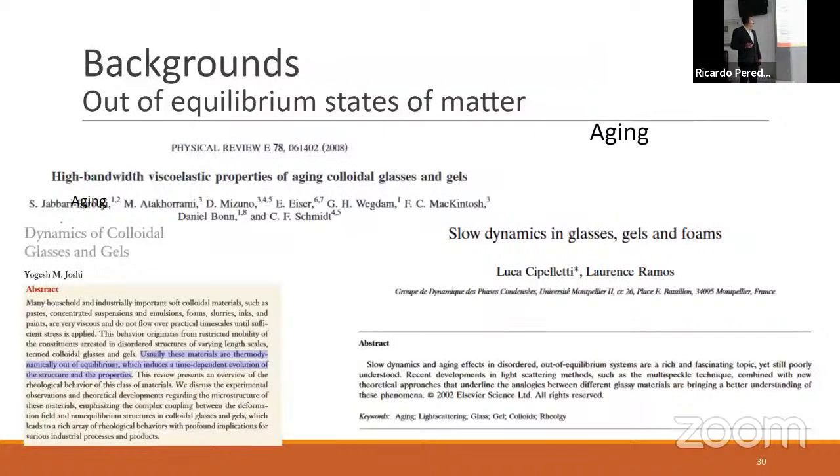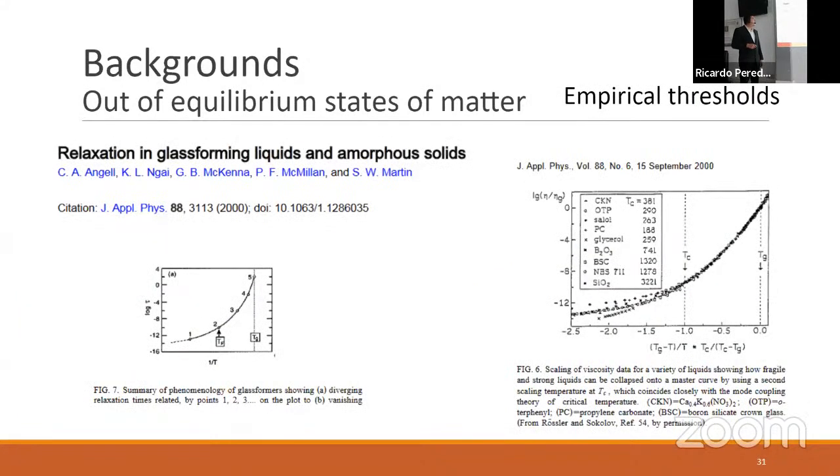There are many references of such aging along experimental reports, but another important fingerprint that characterizes these systems is the finding of very slow dynamics.